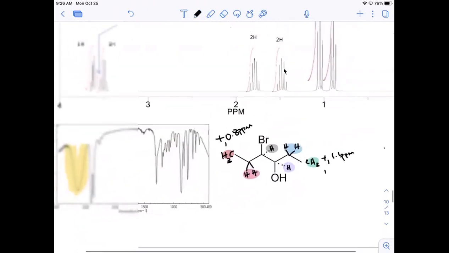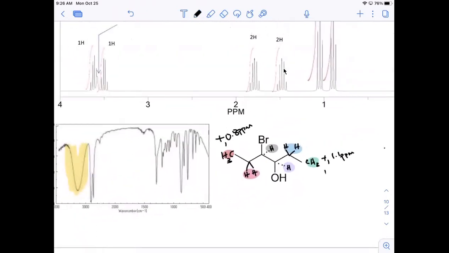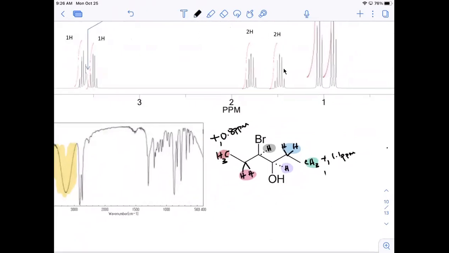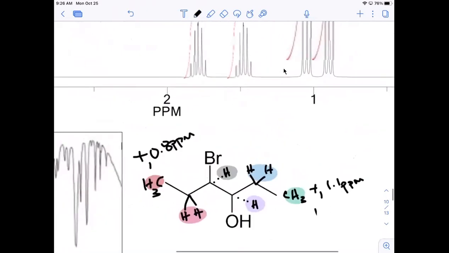Now we have two methylene carbons that we need to look at. Right, so you can see they're both in a similar position structurally, right?